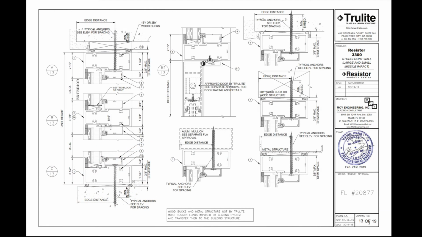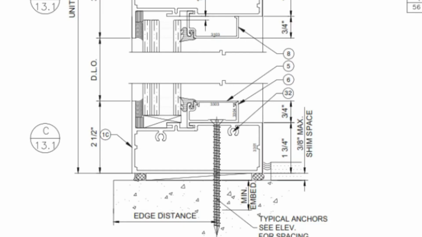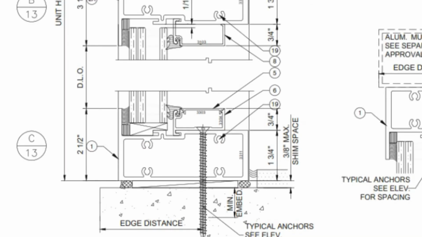But you know what? There's a difference between these two, C13 and C13.1. It's not readily apparent at first, but on C13.1, we have part number 1C, okay? And that's pointing to the main frame profile. Now this profile has two screw splines. If we go back to sheet 13, we could see it's part number 1 pointing to the main frame element in detail C13.